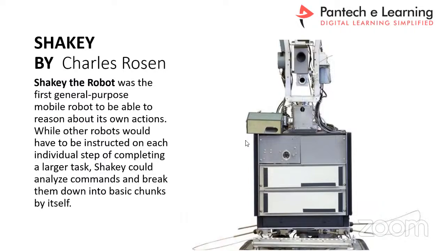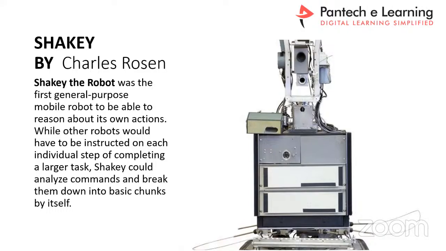So it's a general purpose mobile robot, able to reason about its own actions. While other robots have to be instructed on each individual step of completing a large task, Shakey could analyze commands and break them down into basic chunks by itself. In the case of other robots, we have to give each and every command.